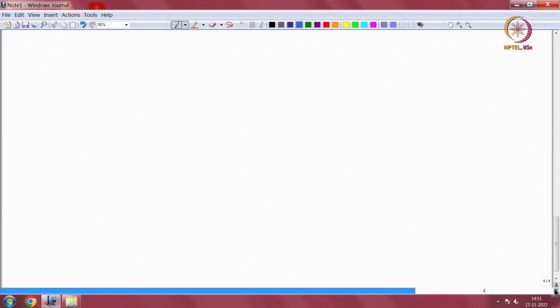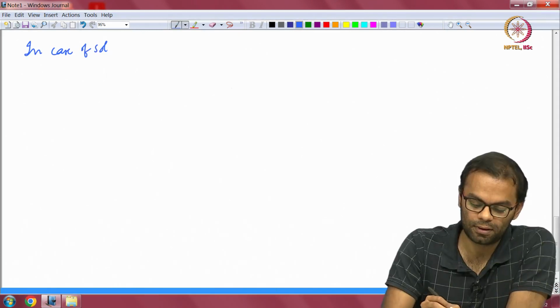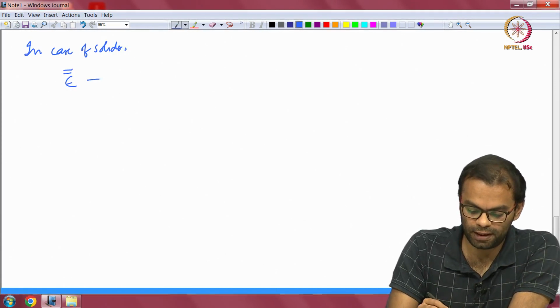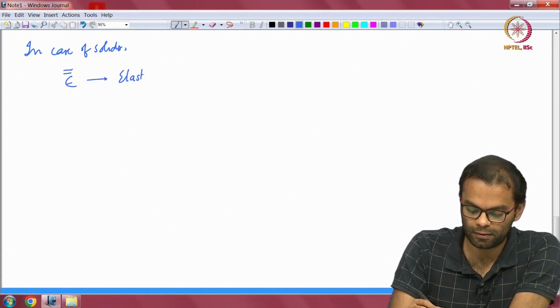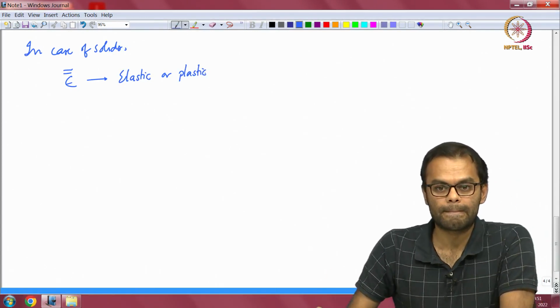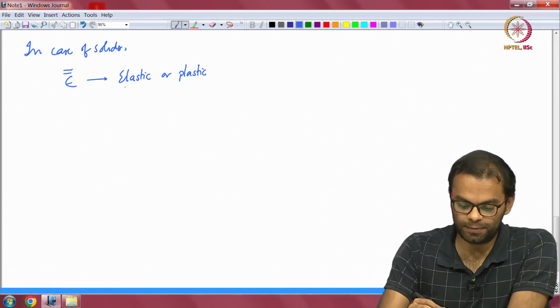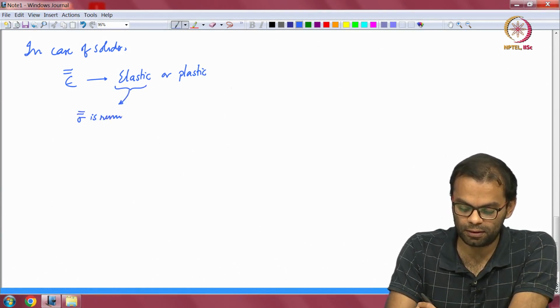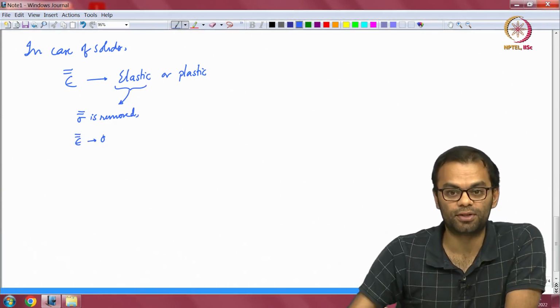Now, the thing that makes solids a little bit more complex to understand in terms of their deformation is the following. So, in case of solids, the strain itself can be either an elastic strain or a plastic strain, okay. So, this means that when the sigma is removed, this guy also comes back to 0, okay.